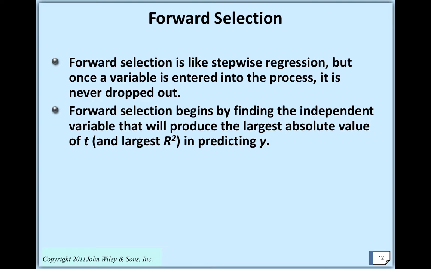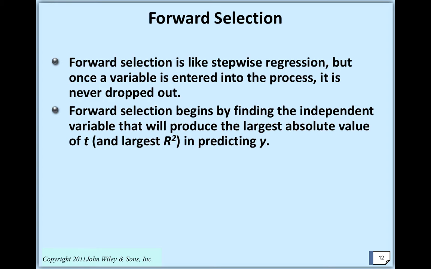Forward selection is just like stepwise, but once a variable is entered into the process, it is never dropped out. So it works the same way. You find the most significant predictor, add it in, and then continue to iterate, pairing it with the next predictors, and you find the most significant, highest t-value one, add that to the model.